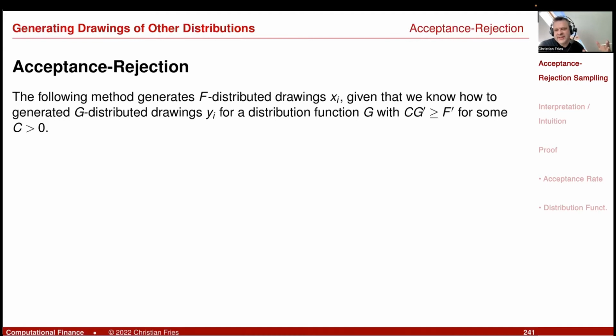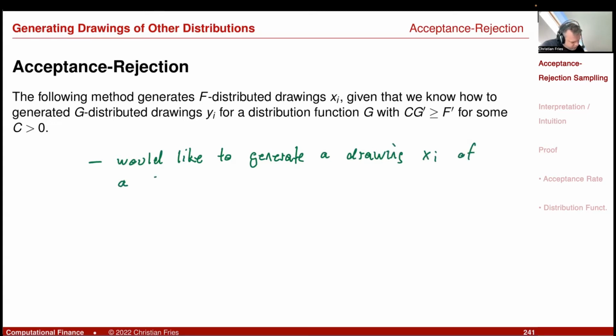Okay, so what's the situation? The situation is, again, that I would like to generate an F-distributed random variable. Let's call it X. Okay, that's our goal.